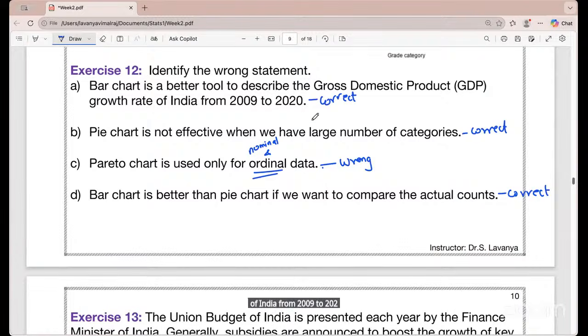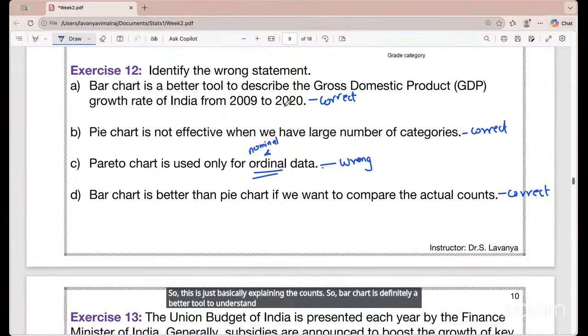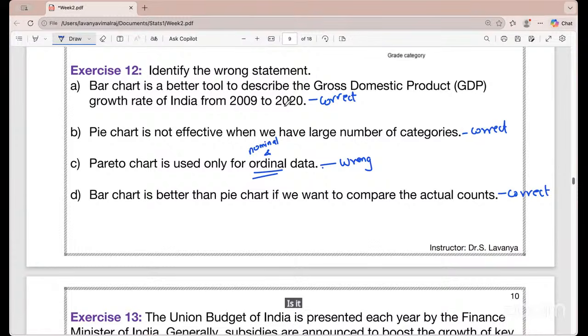In different years, what are the different GDPs you want to see? This is just a count. It is not going to compare within a specific group. So this is basically explaining the counts. So a bar chart is definitely a better tool to understand this, not a pie chart. Is that clear?